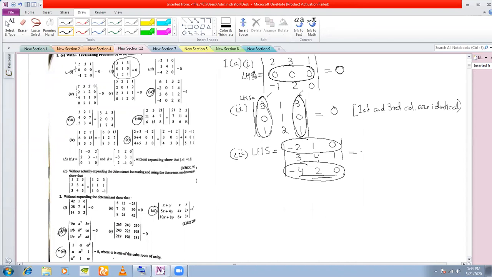What is the HCF of this? I can take out 2 from this, not column, row. I can take out 2 from this row.